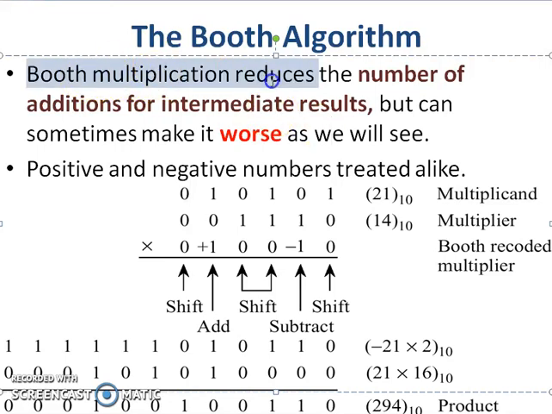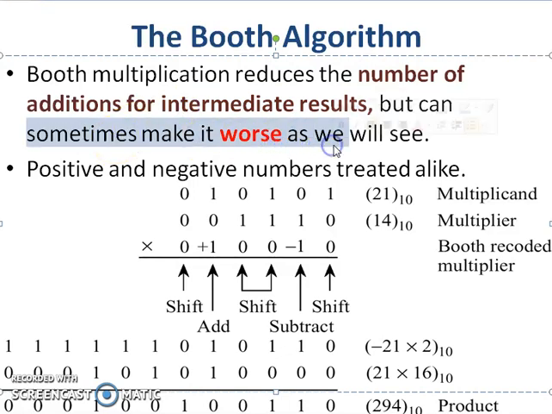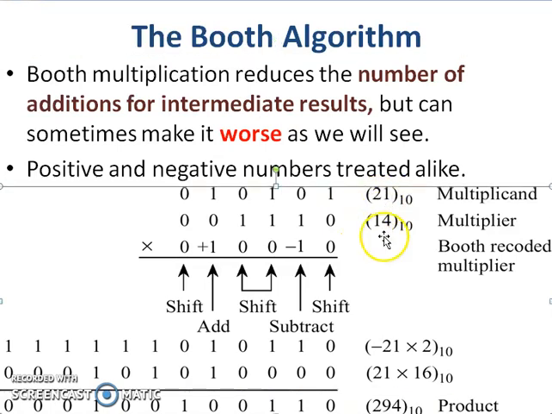The Booth multiplication reduces the number of additions for intermediate results. It reduces the addition of the intermediate results or the partial products, but can sometimes make it worse, as we will see. In the example that we discussed in the previous video tutorial, the multiplicand value is 21 and the multiplier is 14.